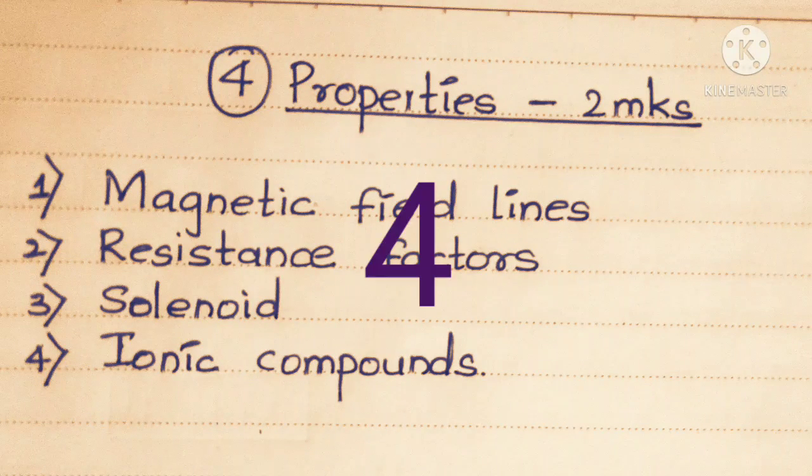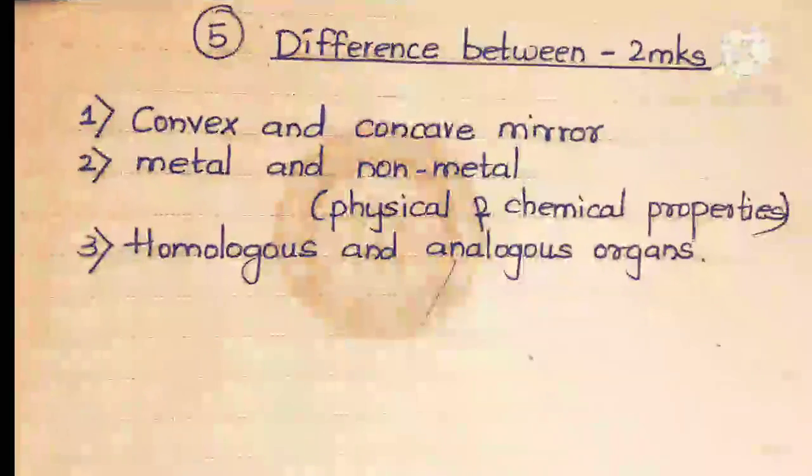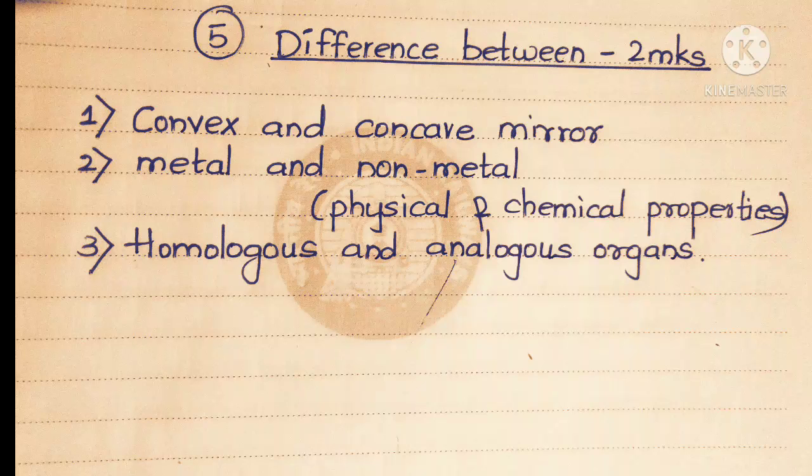And the fourth section of questions is the properties. They will ask you for 2 marks. Know the properties of magnetic field lines, resistance factors, solenoid, ionic compounds. These are important. Study thoroughly. In the fifth section of questions, they will ask you the differences, and it will be of 2 marks.